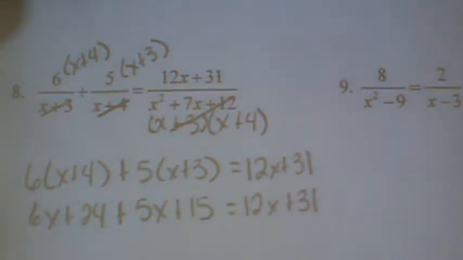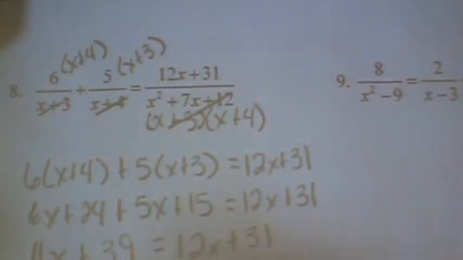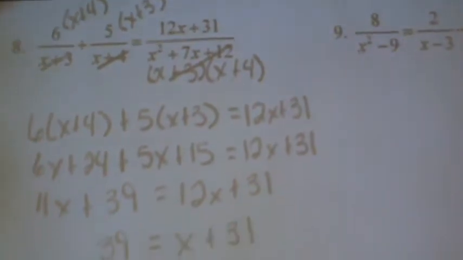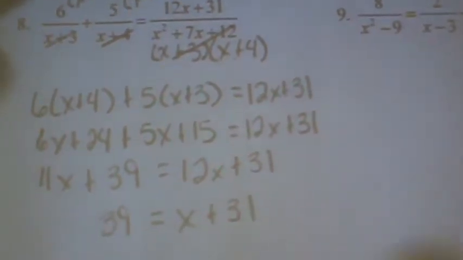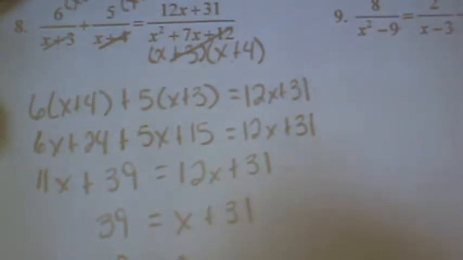Combining like terms, we have 11x plus 39 equals 12x plus 31. So now we can subtract the 11x. We'll have 39 equals x plus 31. And then subtracting the 31, we'll have 8 equals x.